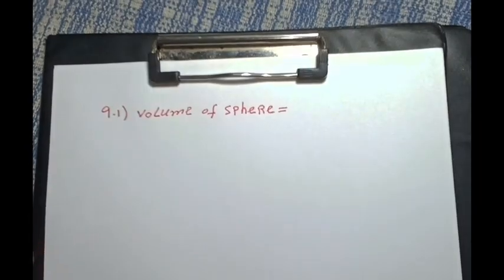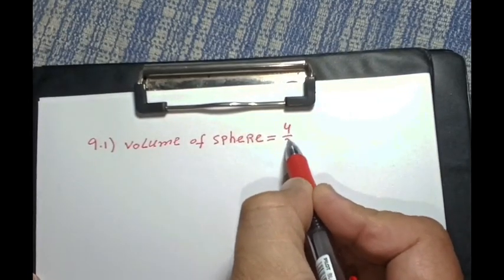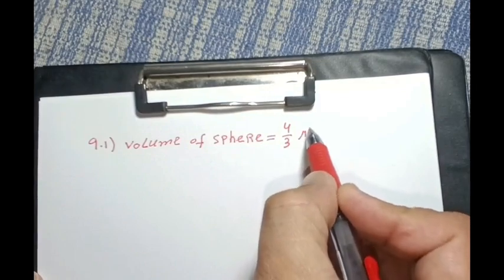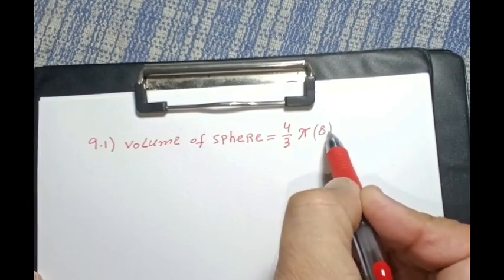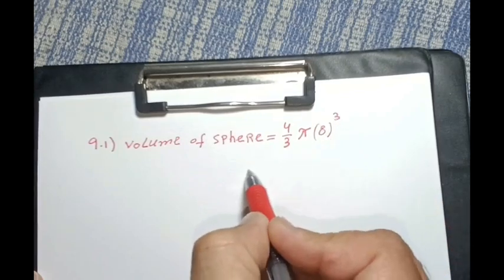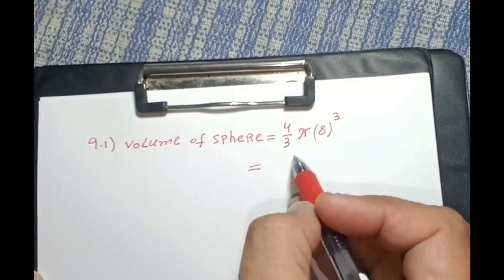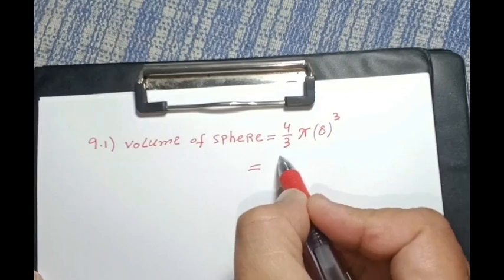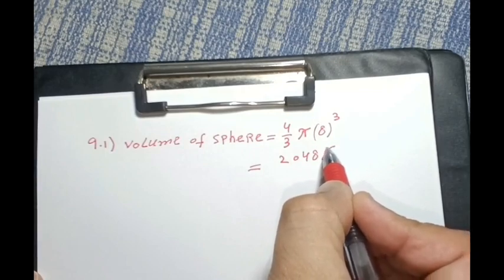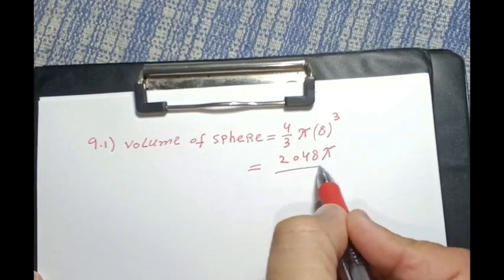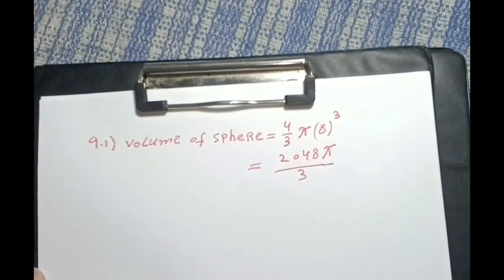So it's gonna be 4 over 3 pi, and the r value we got now, 8 cube. I'm gonna simplify with calculator. The answer is going to be 2048 pi over 3. You can solve the pi or you can leave it just like this.